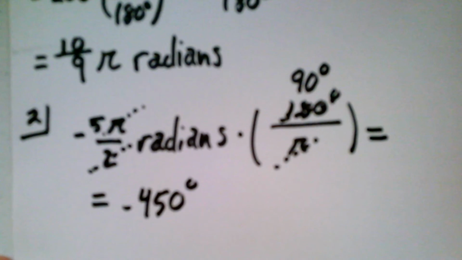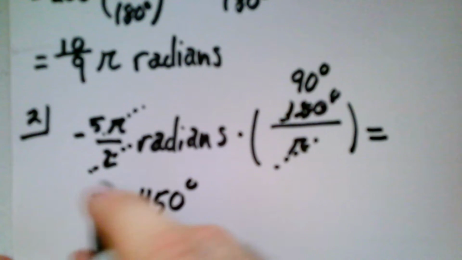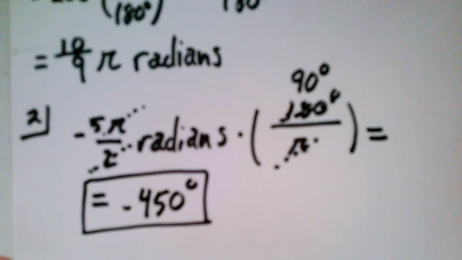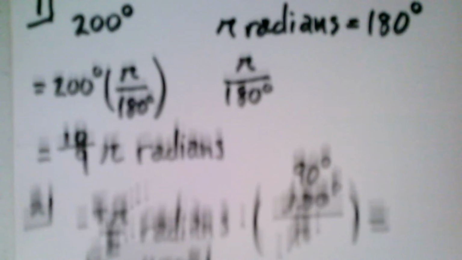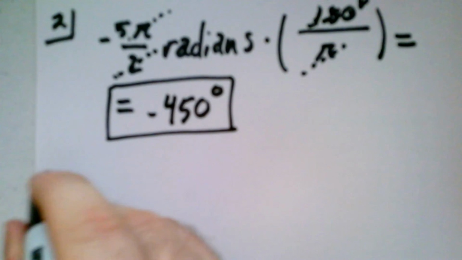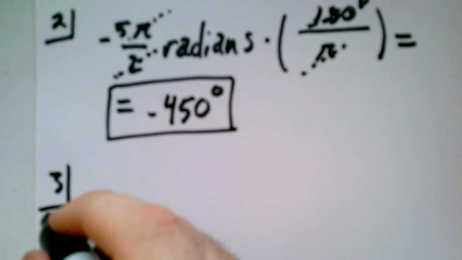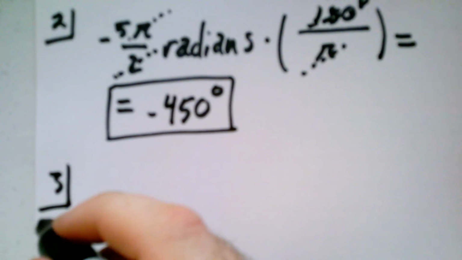It's a negative, and this is our answer now: -450 degrees. Okay, so that's enough with changing between degrees and radians. Let's move on to something else.